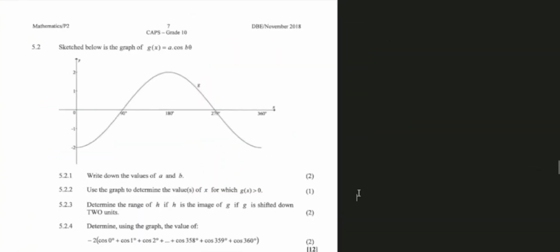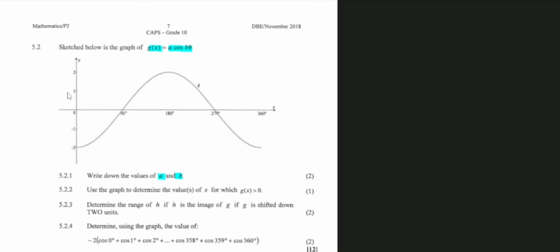So here's another example. Sketched below is the graph of g of x is equal to a cos b theta. Right. So we have to find the missing value of a and b. And like I said in the beginning, when you're looking for the values of a and b, you always have to compare them with the values of the base model.